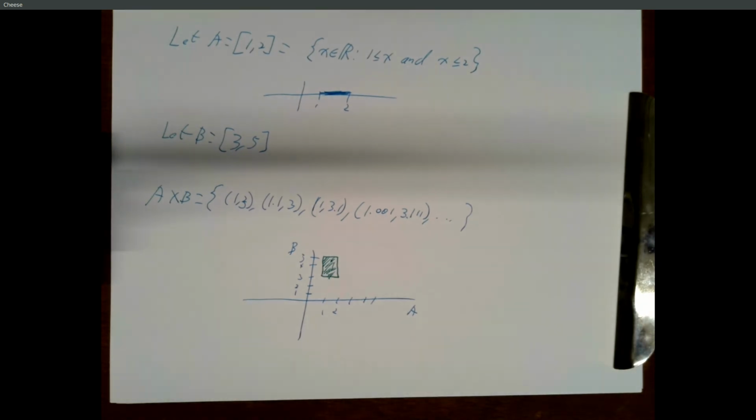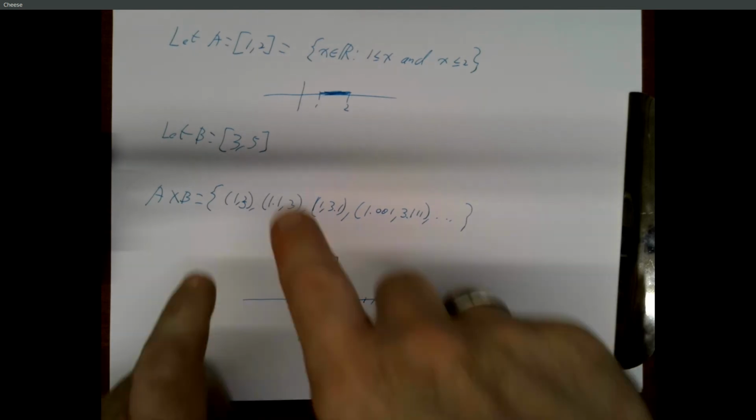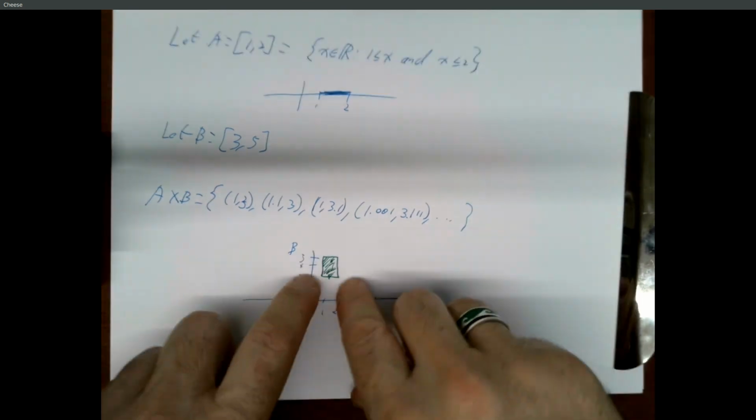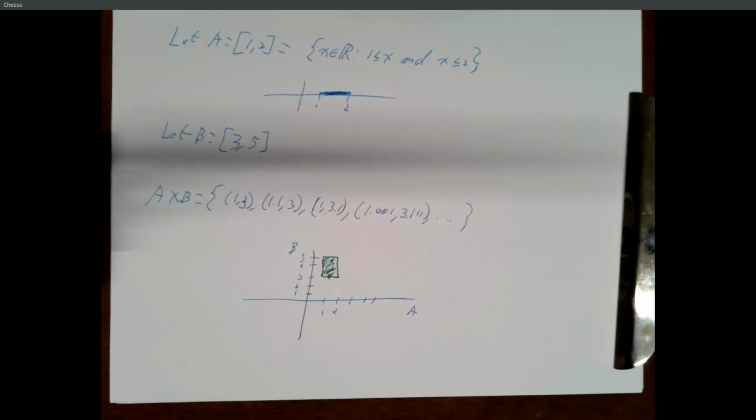The set of all points in that region where the x-coordinate is between 1 and 2, and the y-coordinate is between 3 and 5. And it's a closed rectangle because it includes the point 1, 3, the point 1, 5, the point 2, 3, the point 2, 5, in other words, the corners, and the edges.